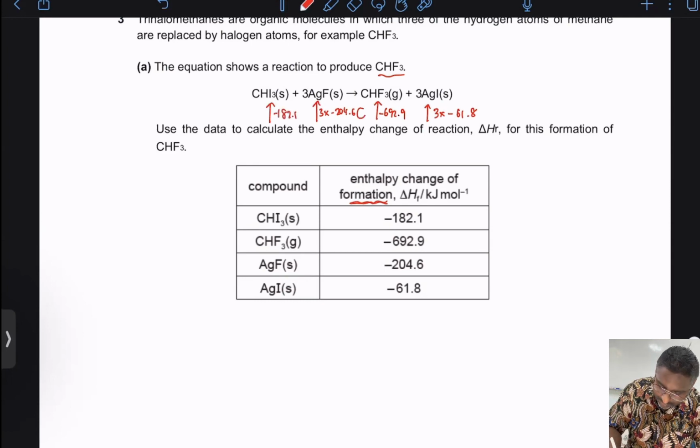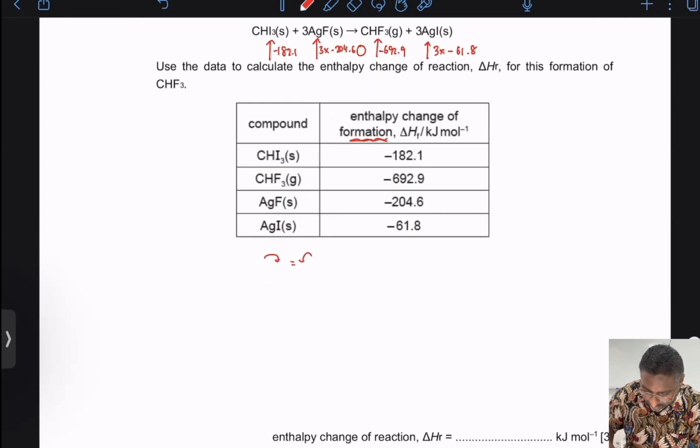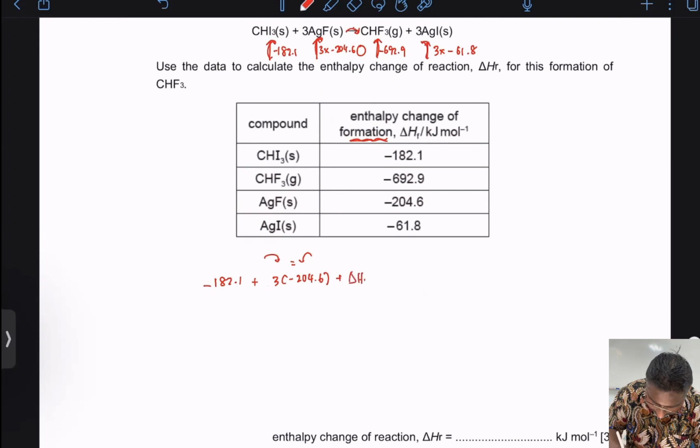Then you put a circle there. Clockwise equals anti-clockwise. Clockwise, negative 182.1 plus, this one all will go clockwise. This one will look like anti-clockwise, clockwise also. So plus 3 times negative 204.6 plus enthalpy change of reaction equals negative 692.9 plus 3 times negative 61.8.